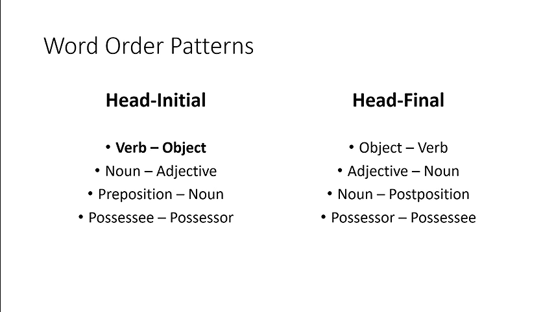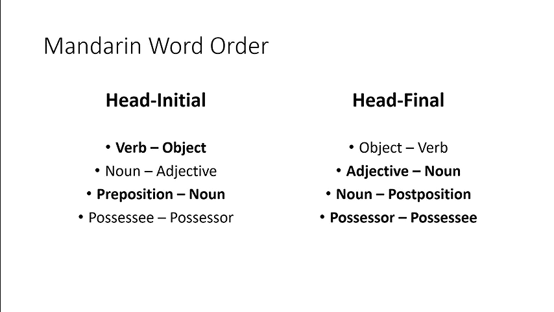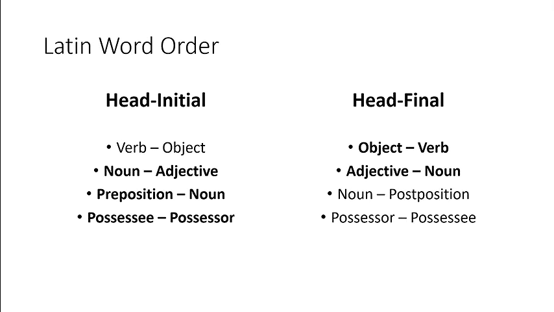Our verbs come before our objects, and we have prepositions before nouns, just like a head initial language, but our adjectives and possessive pronouns come before our nouns, like a head final language. History and happenstance can do a lot to mess with a language's word order, so don't feel obliged to follow either of these basic patterns 100%. As long as you have a historical explanation for any deviations, you should be fine.